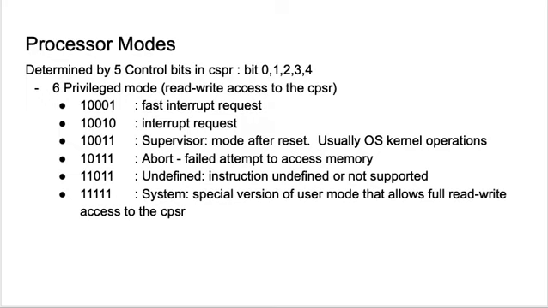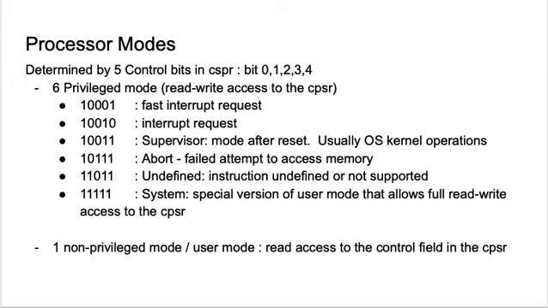Then there is the supervisor mode. Usually, this is the mode when the embedded portable device is coming up, and this is the mode where the operating system kernel operations execute, which is 10011. Then abort, a failed attempt to access memory, is 10111.